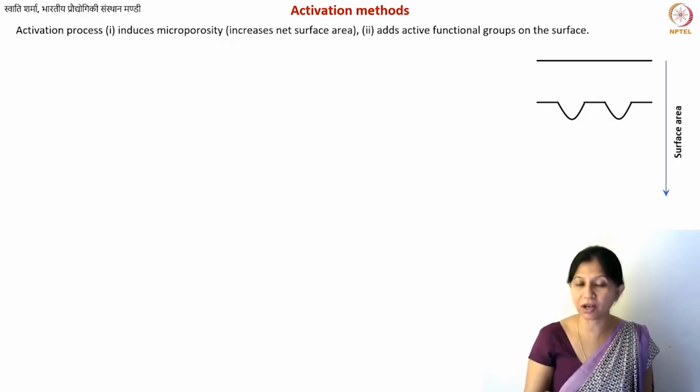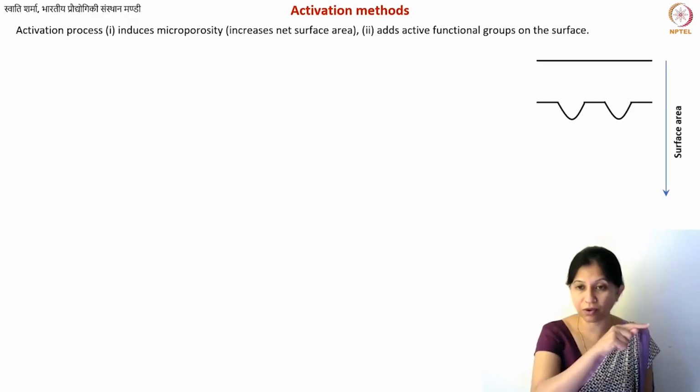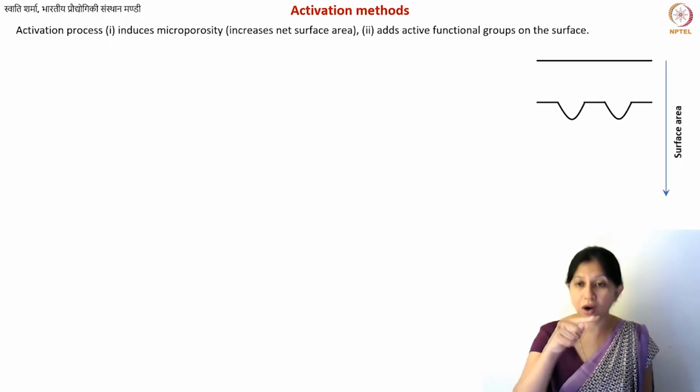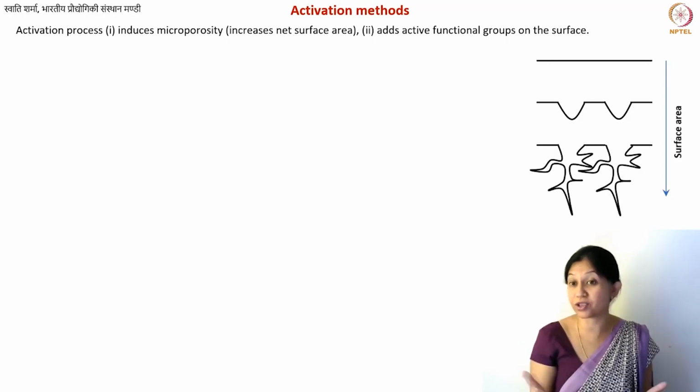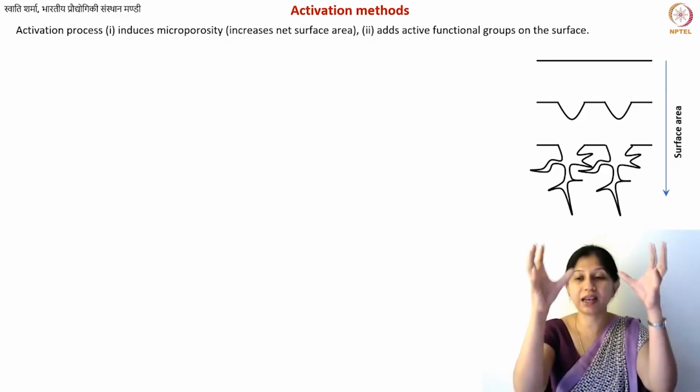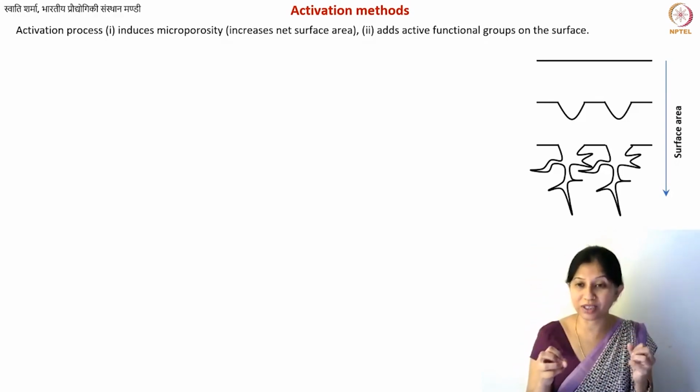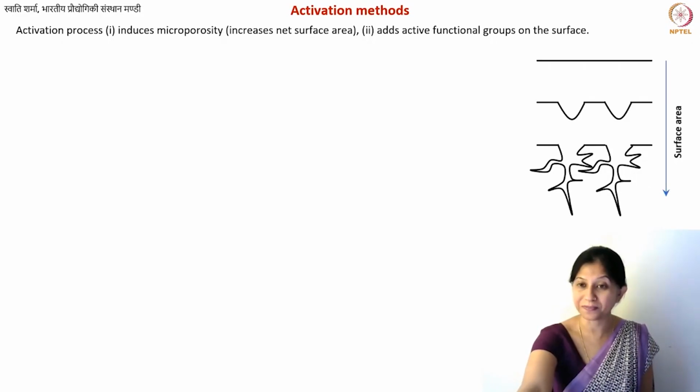In that case, you have a higher surface area. If you had to walk on this, you would have to walk more. Now, if I have the structure which we have in natural porous carbons, then you see that the surface area is several times more. That is how surface area increases with porosity.